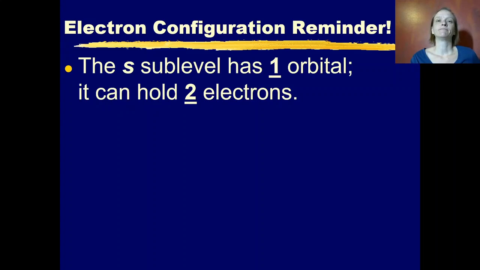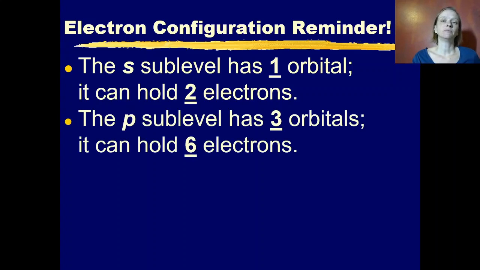Okay, the s sublevel, we've talked about this before, but we're going to use it a lot today, so just as a reminder, the s sublevel has 1 orbital. Each orbital can hold 2 electrons, and 1 times 2 is 2. So the s sublevel can hold 2 electrons. The p sublevel has 3 orbitals.